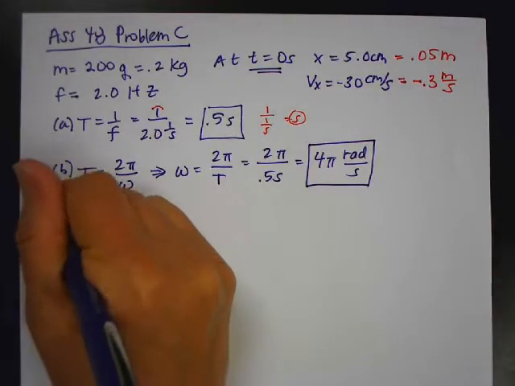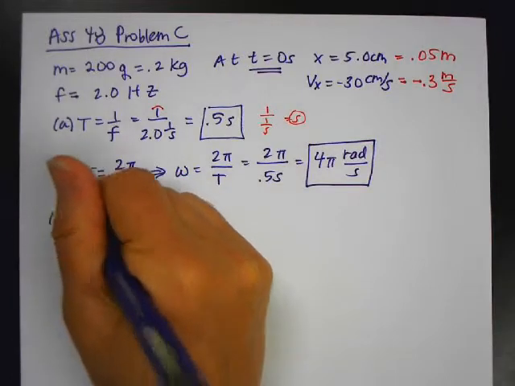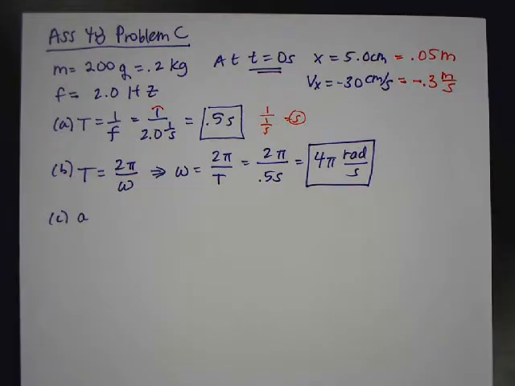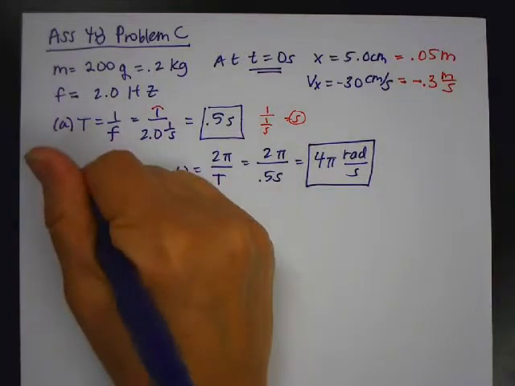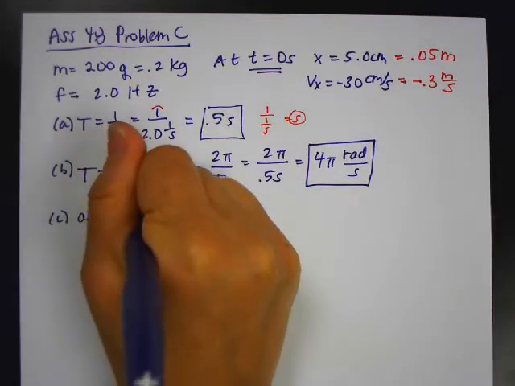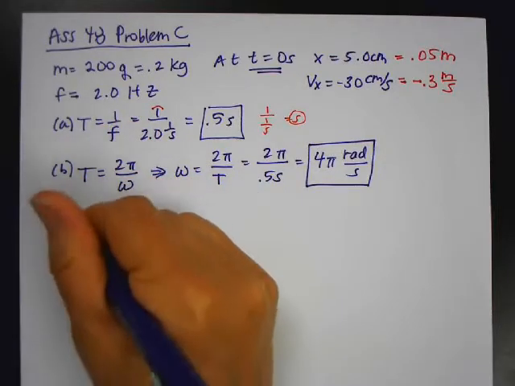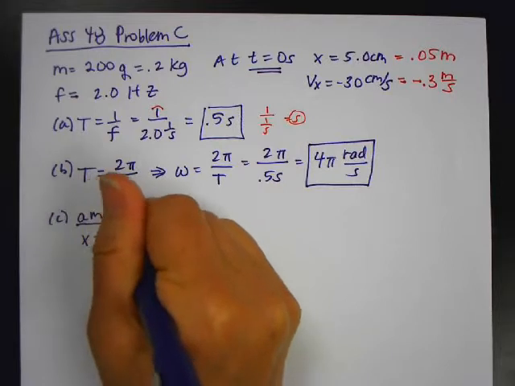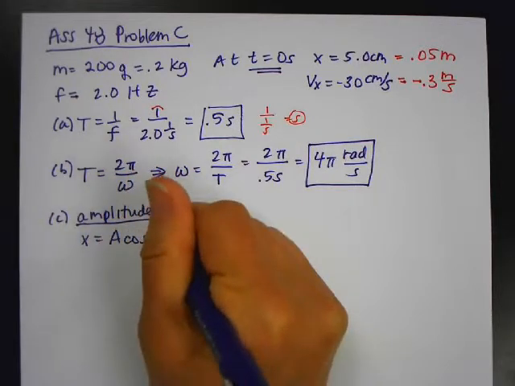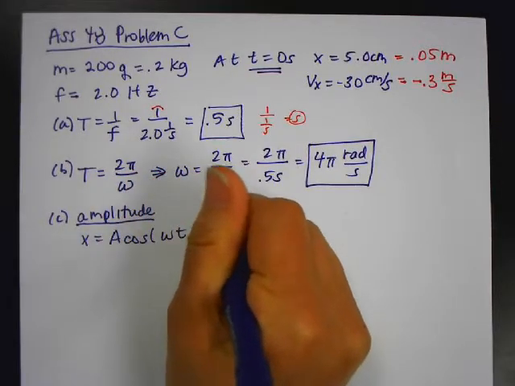Part C says find the amplitude. Now remember, the amplitude is the maximum displacement, but 0.05 is not the maximum displacement. We just want to find this amplitude, okay? So for the amplitude, we're going to look at the basic equation. We know the basic equation is x is equal to A cosine of omega t plus the phase constant.